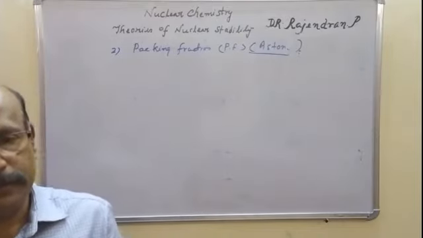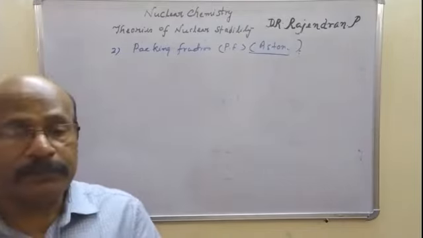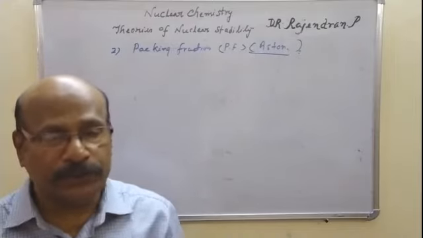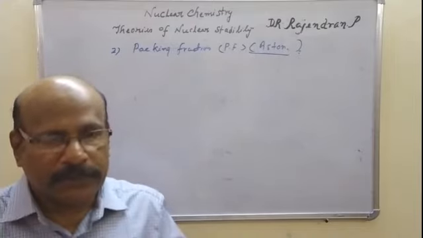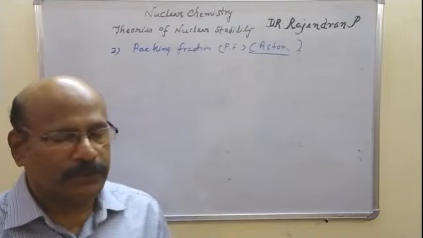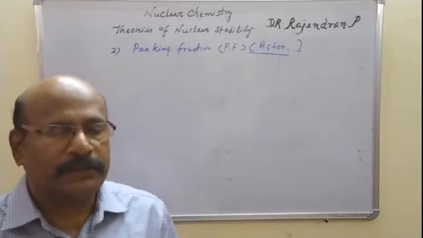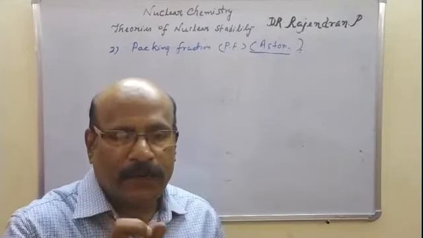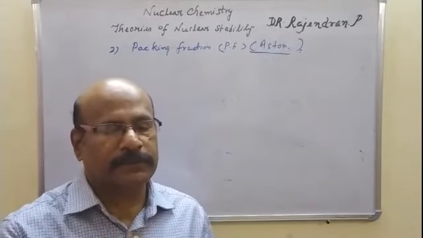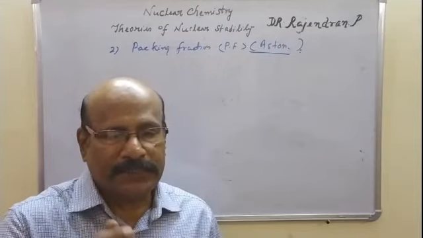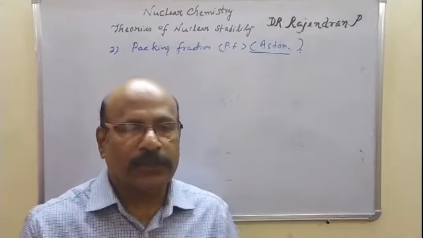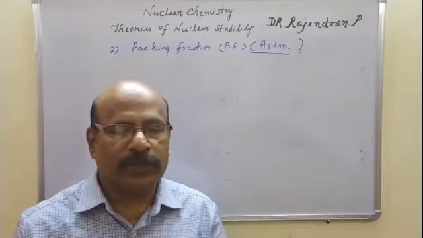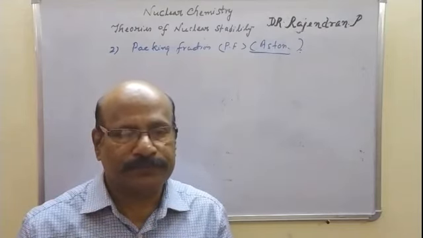But the sum of the protons and neutrons, which is always the measure of the mass of the nucleus, is always a whole number. That is called the mass number. These two different aspects you have to follow.